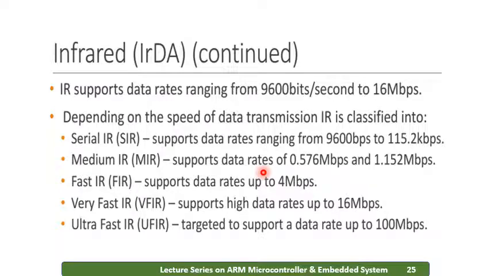And medium IR varies from 0.5 Mbps to 1.152 Mbps. And fast IR supports a data rate up to 4 Mbps. Very fast IR supports a data rate up to 16 Mbps. And ultra fast IR gives us an output data rate which is more than 100 Mbps.